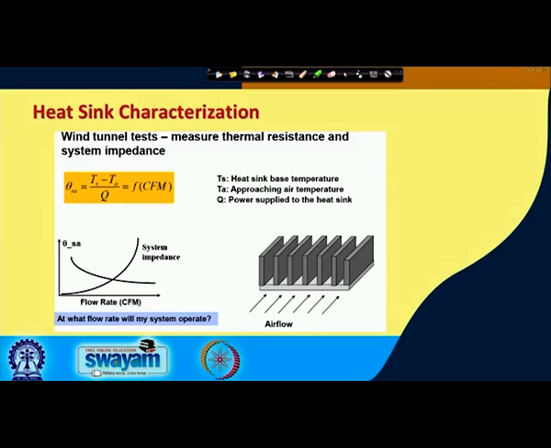We have seen this picture as well as photos of heat sinks, and let us just consider a parallel plate finned heat sink like this. There is a base which is kept on the heated surface that I need to cool, and then there is air flowing through. This is a flow through mode, not impingement mode.